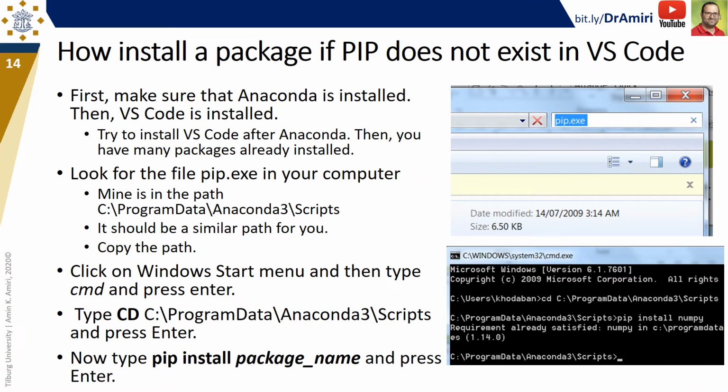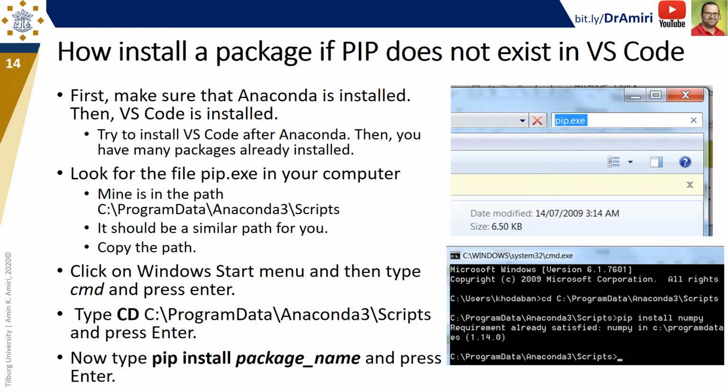There is a chance that what I suggested in a previous slide does not work for you. In that case, first try to make sure that Anaconda is installed, because that makes your life way easier. Anaconda has so many packages, and if you install VS Code after Anaconda, then you already get connected to Anaconda, and then you have most of the packages.